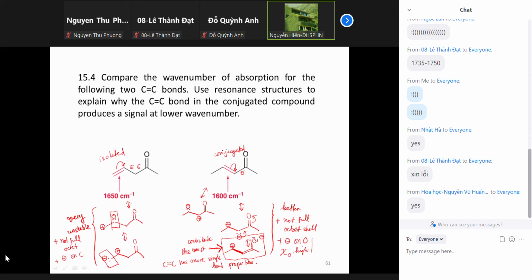And therefore its absorption wave number is lower. And this has higher double bond properties.